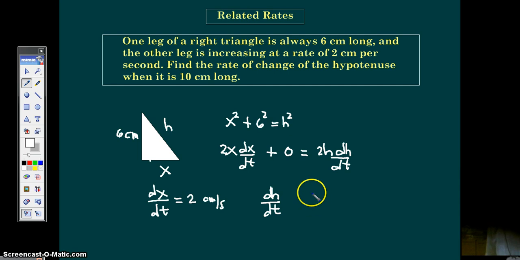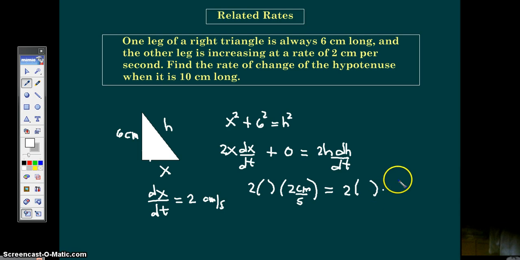Now that we have the equation relating the rates of each variable, we simply plug in what is given and solve for the unknown. dx over dt is given, that's 2 centimeters per second, equal to 2h times dh over dt. Now, what should we put here for h? In the given, find the rate of change of the hypotenuse when it is 10 centimeters long.